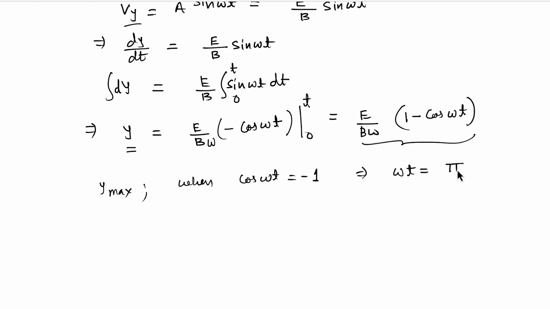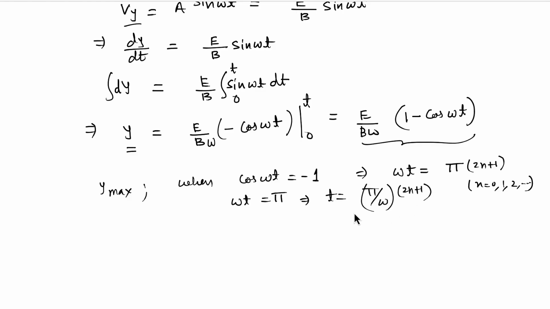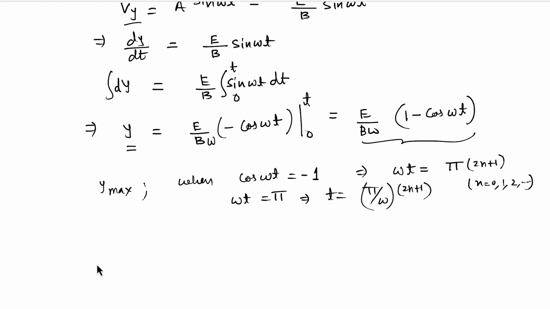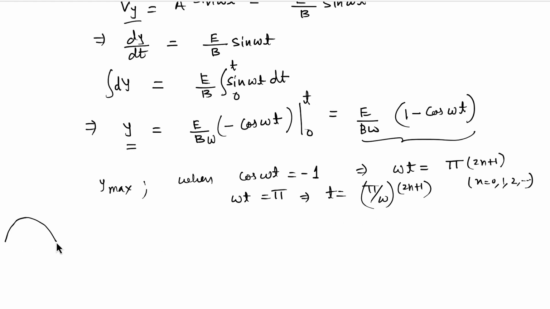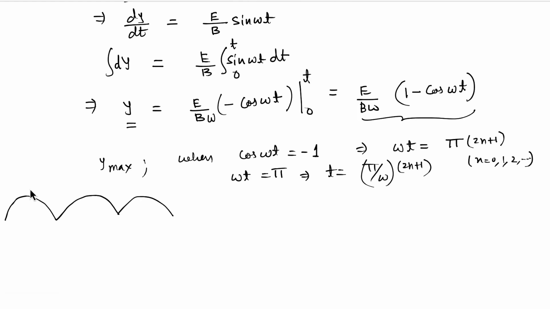It has to be pi, or you can say it is (2n plus 1) pi, for n equal to 0, 1, 2 and so on. For n equal to 0, we get omega t as pi, which means that t equals pi by omega. So at this moment, y will be maximum, because it will keep going up and down and up and down like that. This will keep happening between the plates.